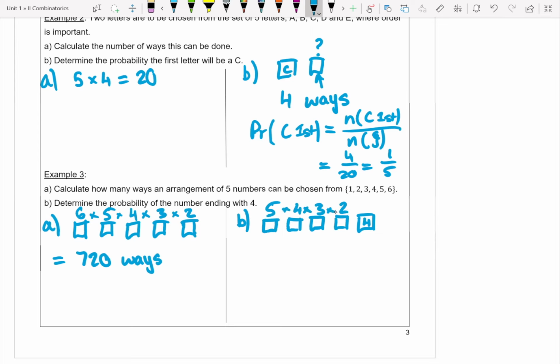And I only have 1 way that I can choose the 4. So multiplying these together, we are going to get 120 different ways. But I'm not asked for the number of ways, I'm asked for the probability. So the probability that 4 is last is going to equal 120 over 720, which is equal to 1 in 6.